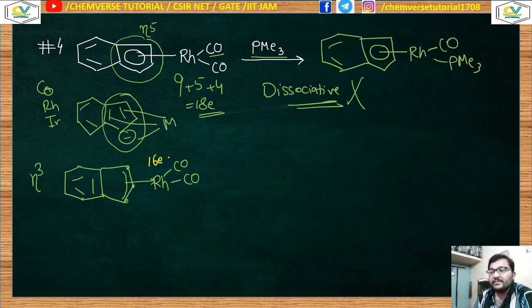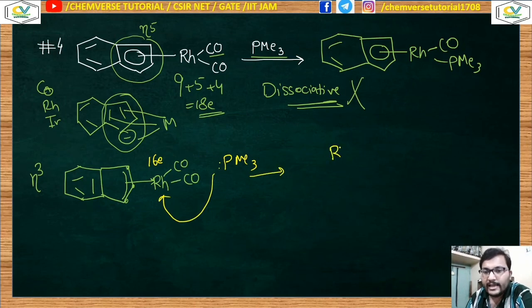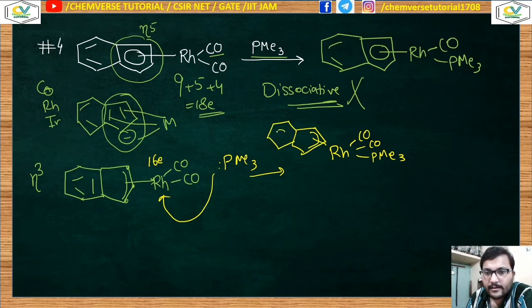And now if the PMe3 ligand is attached to the metal center, that will lead to the formation of the associated intermediate. This one will be the intermediate, and you can see that it's an 18 electron species, which is the intermediate.